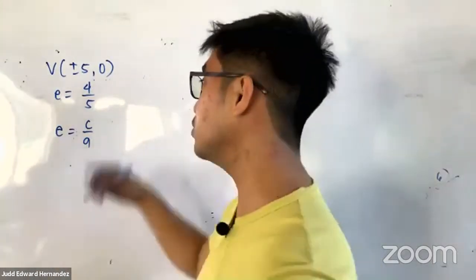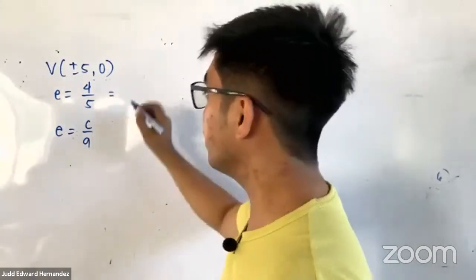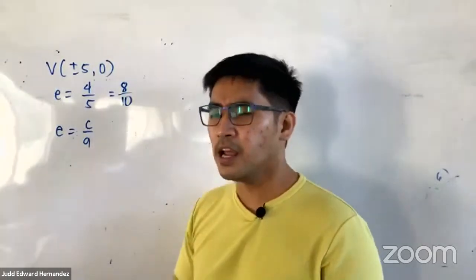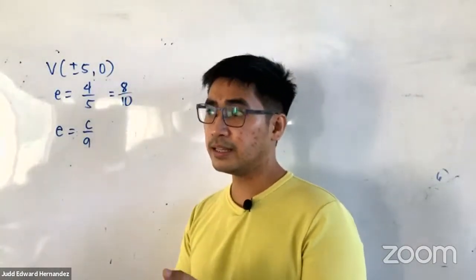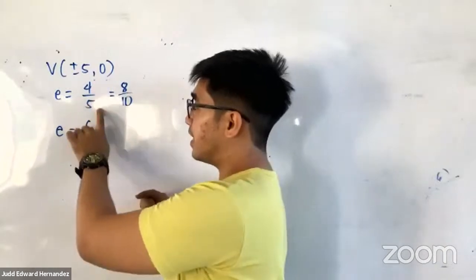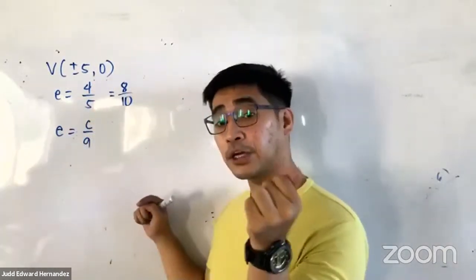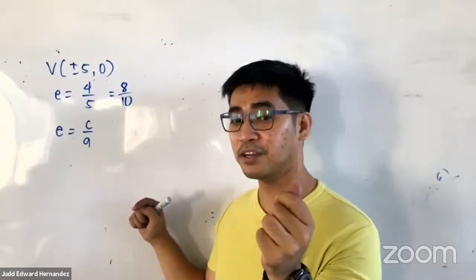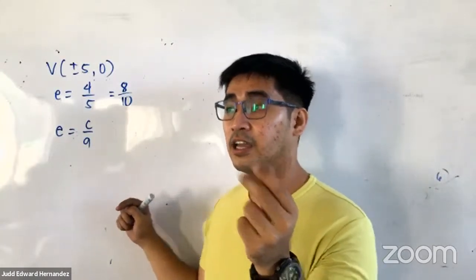Okay, for example, minultiply ko yan sa 2. This becomes 8 over 10. Tama ba? Ibig sabihin, there is a possibility that it is not really the value of C and A. Nagigets yung point ko? Kasi naka-lowest term na siya. Naintindihan ba yon? Okay.